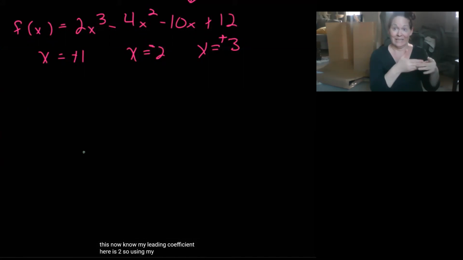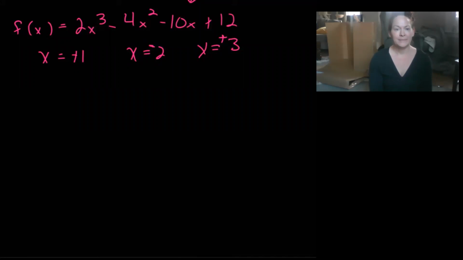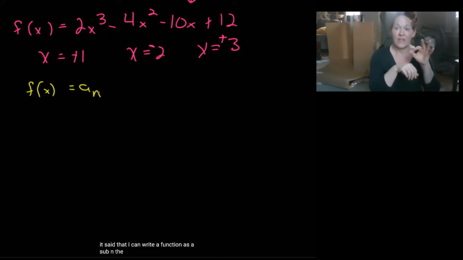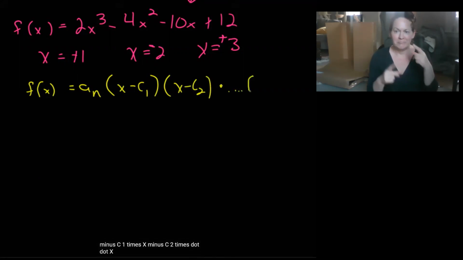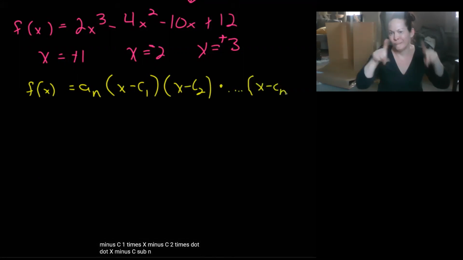So using my completed factor formula, which I'll write here in yellow, it said that I can write a function as a sub n, the leading coefficient, times x minus c1 times x minus c2 times ... x minus c sub n.